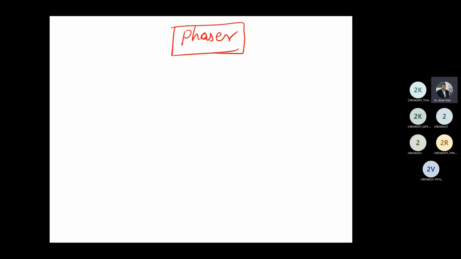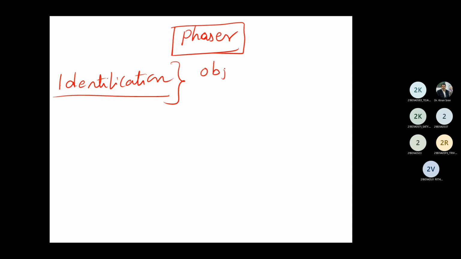So the first phase in general in an expert system will be the identification phase, where you try to identify the objectives of the system. And once you have the objectives, then you try to find out who the human domain experts are.